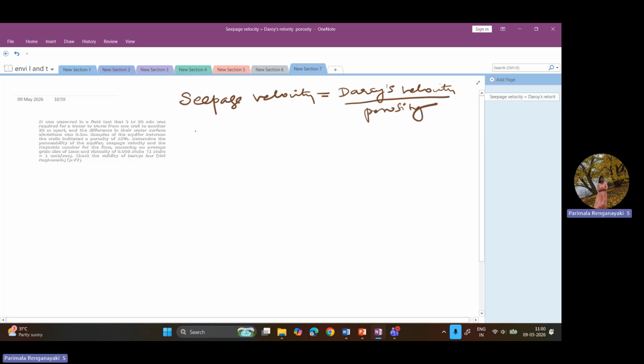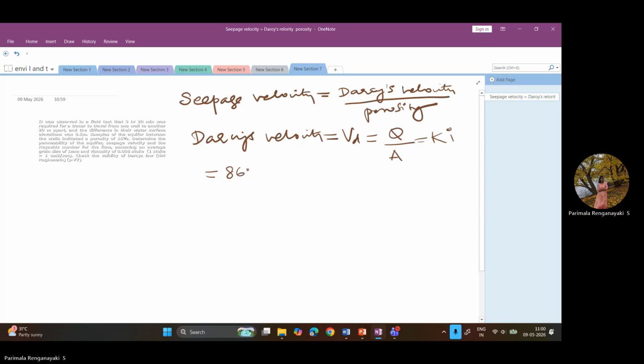Now, what is Darcy's velocity? Darcy's velocity is Vd equal to Q by A, which is equal to K into i. Previously we got our K as 864.86 meter per day, into our i. i is nothing but dH by dL.